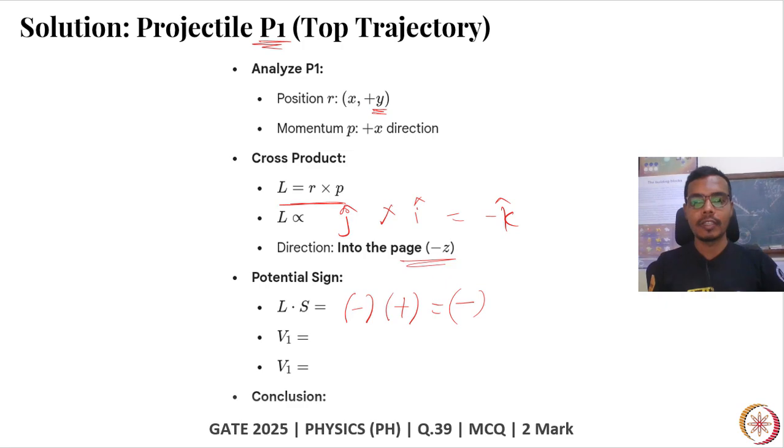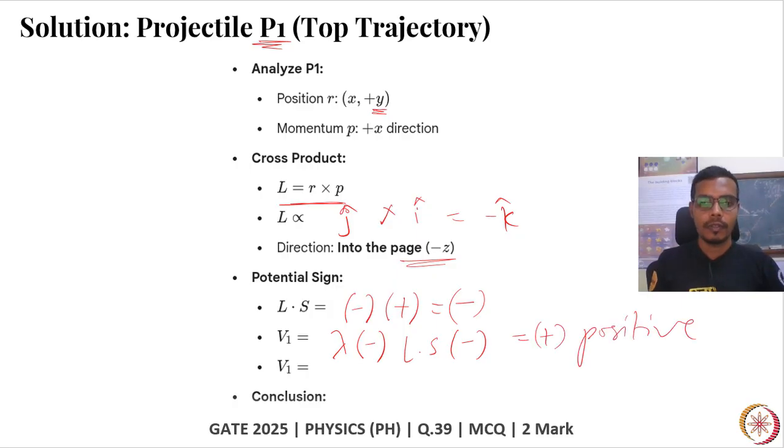Now substituting this into the potential formula, V1 is lambda, which was negative as given in the problem, times L dot S, which is again negative as we just saw above, which turns out to be positive.